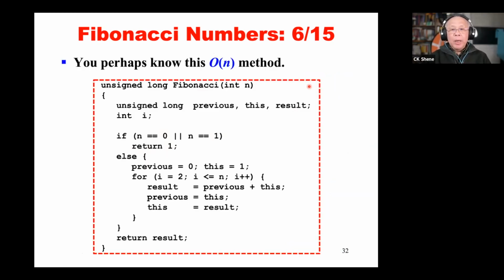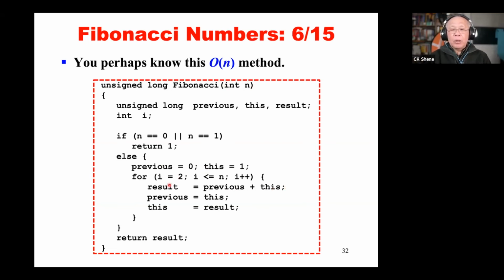I'm sure many of you know how to compute a Fibonacci number in this way. Given a non-recursive but iterative method, if n is 0 or 1 return 1, otherwise we have 2 previous values and this value. So we iterate n times. Every time we add the previous value and this value together to the result.